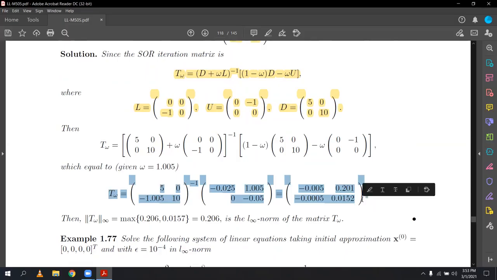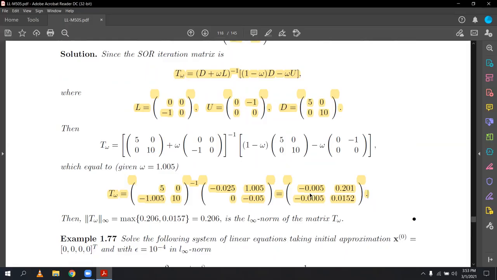This is your SOR iteration matrix, which we call TW here. And then it says, find the L infinity norm. You already know the meaning of L infinity norm: it means the maximum of the row sums in the absolute sense. So what is the first row?